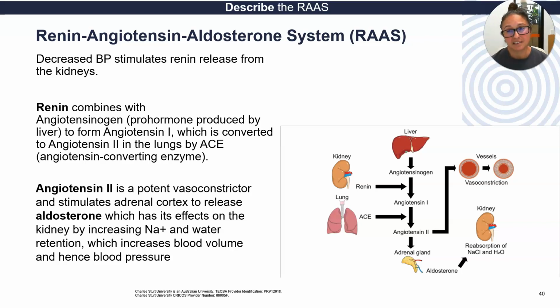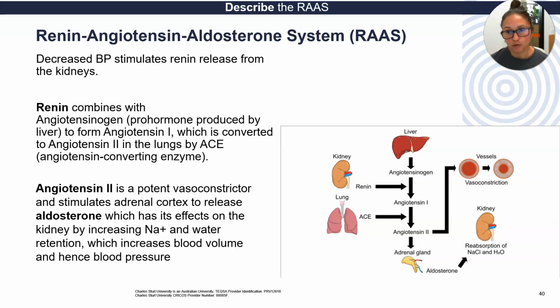Now, we haven't done the endocrine system yet, but for now, all you need to understand is aldosterone is our salt saver, which means that when aldosterone is hanging around in the kidney, it makes sodium move from the urine back into the blood.